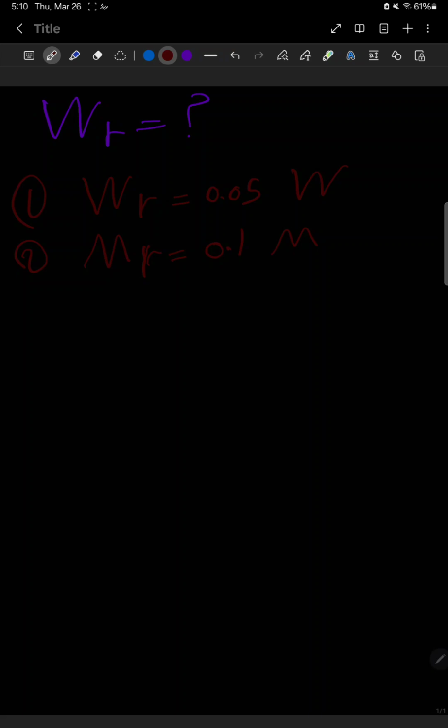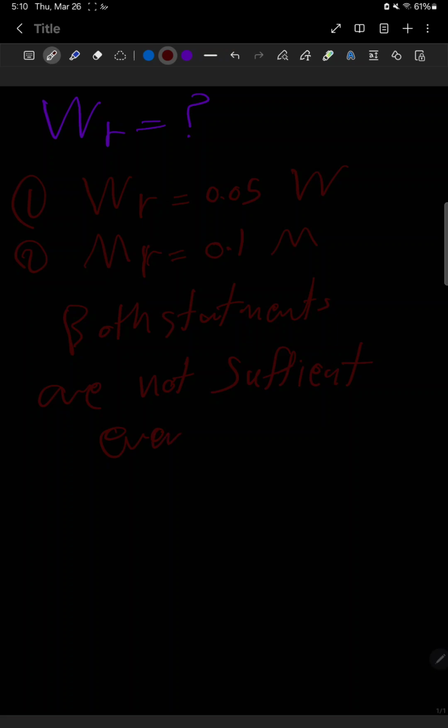So obviously I have to say both of these statements are not sufficient, even together, because I was not able to calculate the percentage of women with red hair within the group.